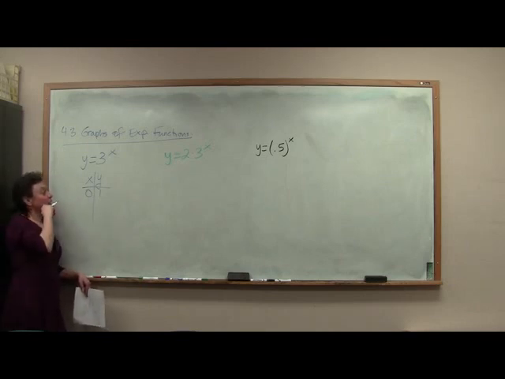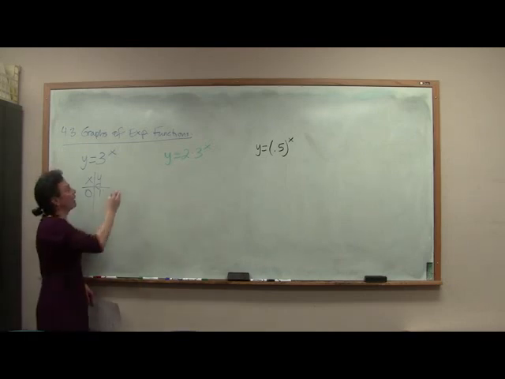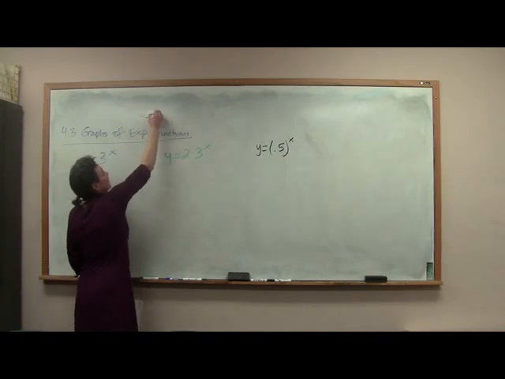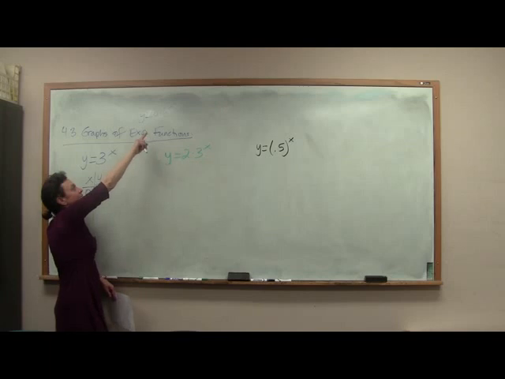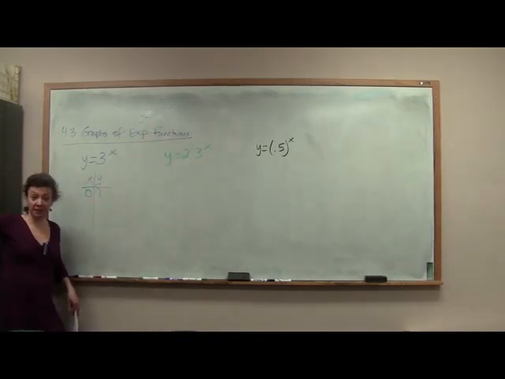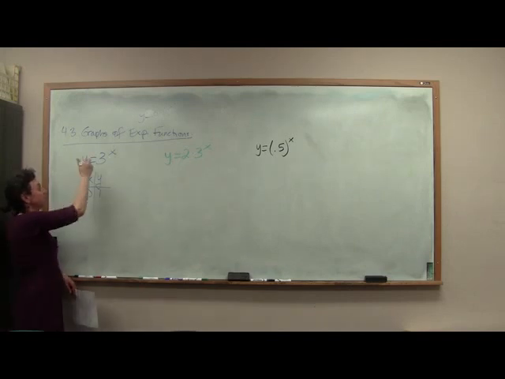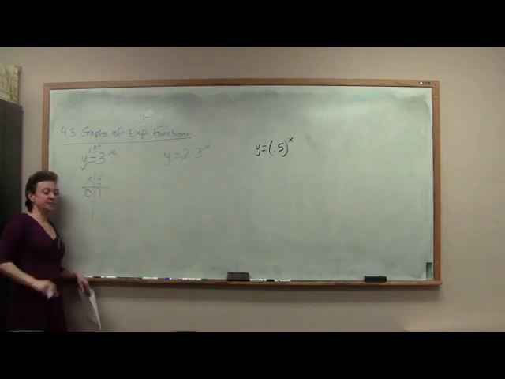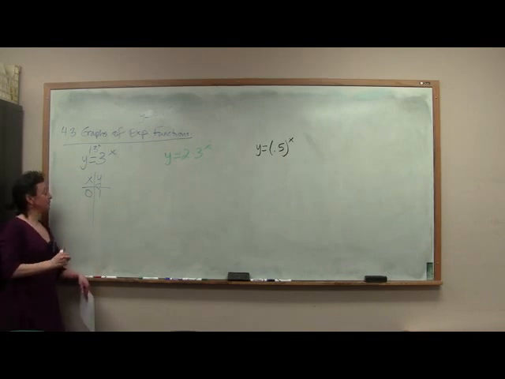Now, we can think in the back of our heads that the general formula for our exponential functions is a times b to the x. Notice here we don't have a number out in front, and we know that number is our initial value. So we can think of this as 1 times 3 to the x. Therefore, this y-intercept makes entire sense.